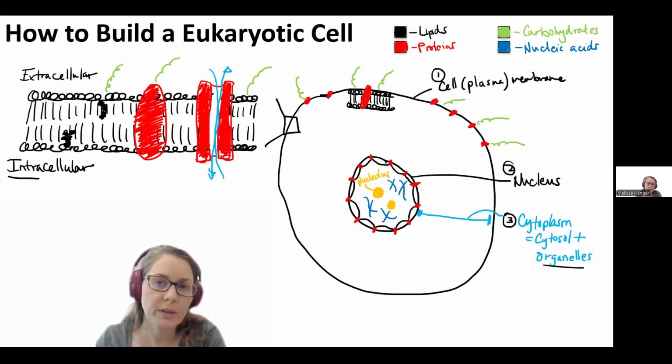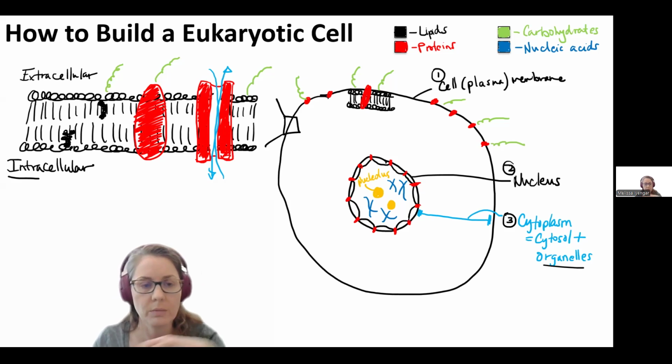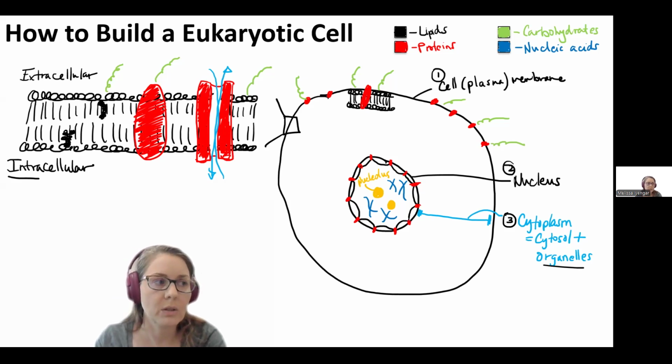In a generic eukaryotic cell, we can draw every organelle, but that's not entirely the case because in the human body, these organelles are going to be found in some cells and maybe not in other cells. It actually depends on the function of the cell. This is what we're going to talk about at the end, how cell structures and functions work together. But for now, we're just going to draw all of those different types of organelles in here, okay?